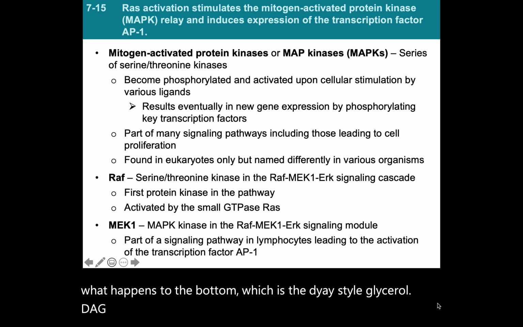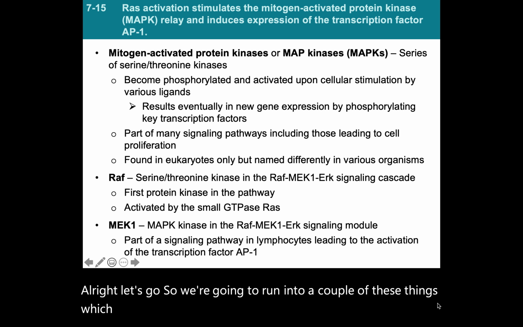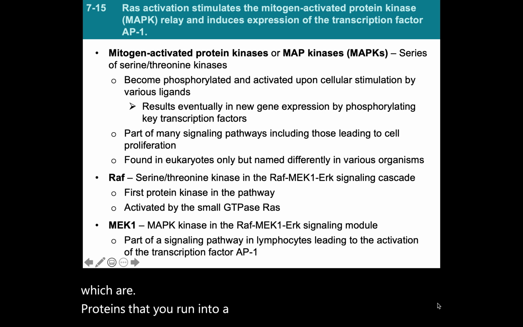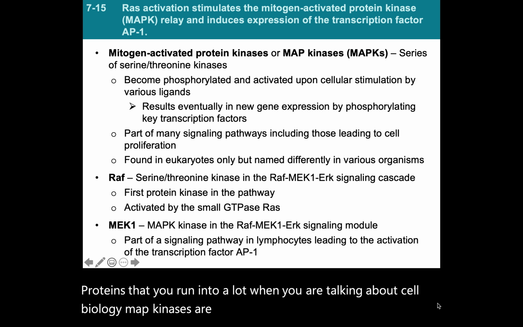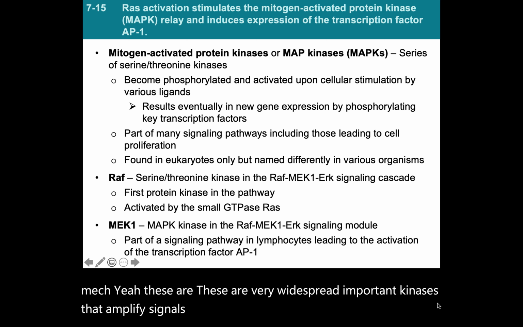All right, let's go. We're going to run into a couple of these proteins that you run into a lot when you are talking about cell biology. MAP kinases are just all over the place. So those RAFs, those MEKs, these are very widespread, important kinases that amplify signals and eventually lead to a variety of responses.